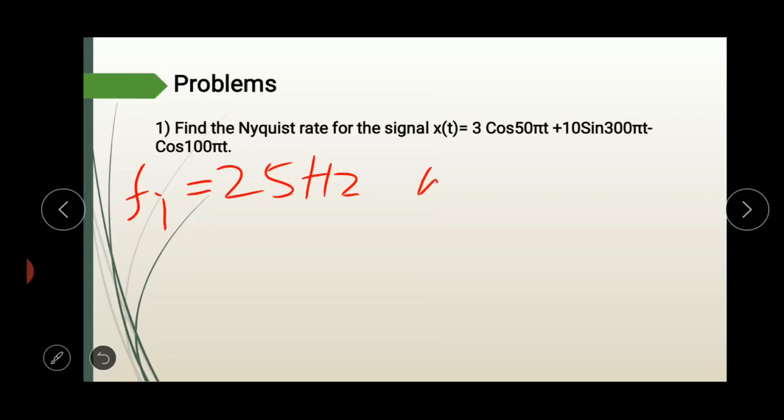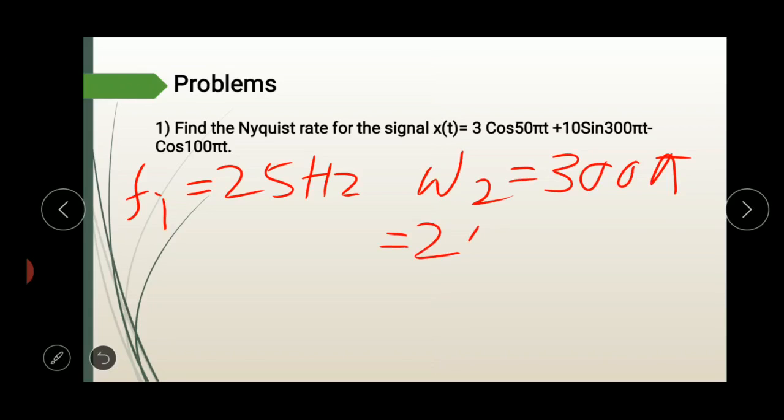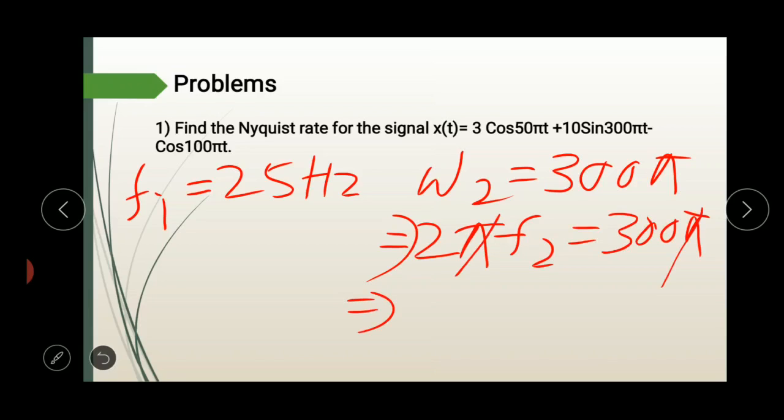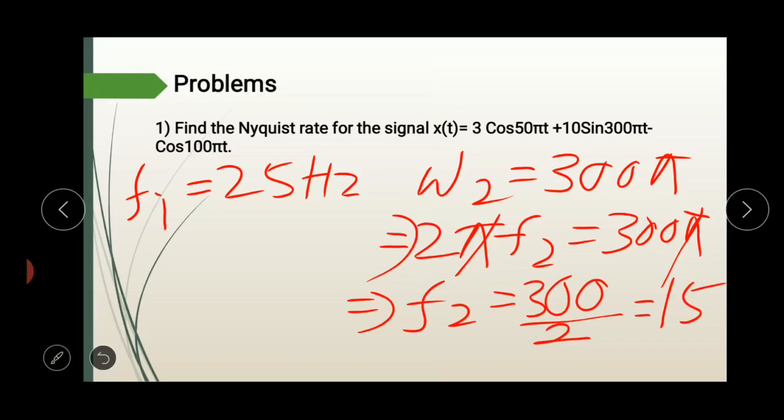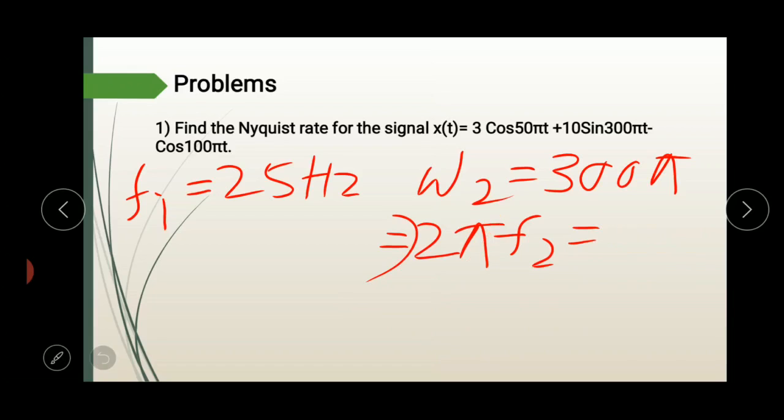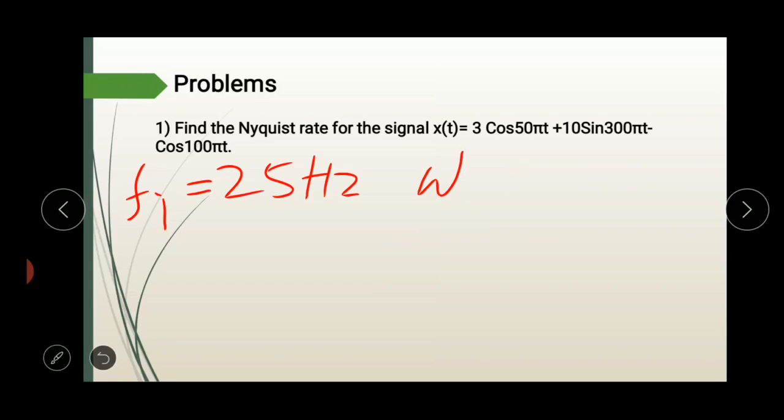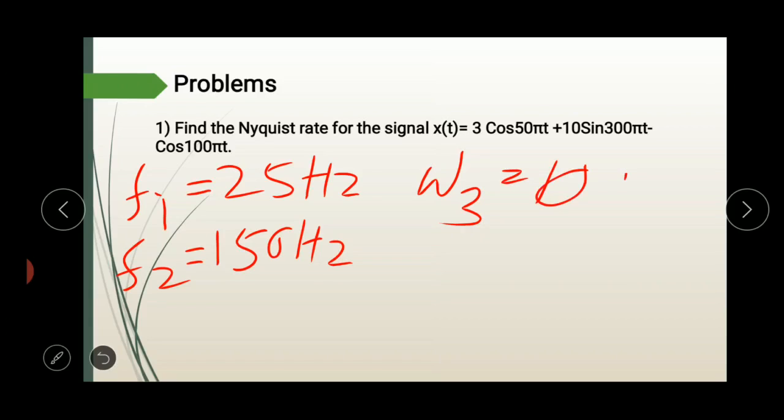Next is w2. So w2 equal to 300 pi, so 2 pi f2 equal to 300 pi. Pi cancels out, f2 equal to 300 by 2, so 150 Hertz. So f2 equal to 150 Hertz. Then the last term, or third term, equal to 100 pi.